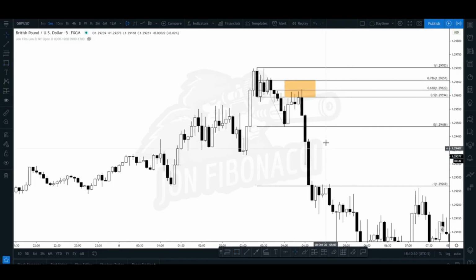So the best scenario would have been the 618, obviously, because this is hindsight, but assuming that we just got in early at the 50%, and then your stop loss can go at the high because that liquidity's already been taken. So I doubt that there would be any more liquidity up here enough for the market to come up and grab those stop losses.